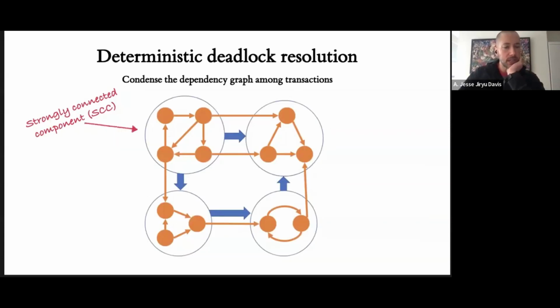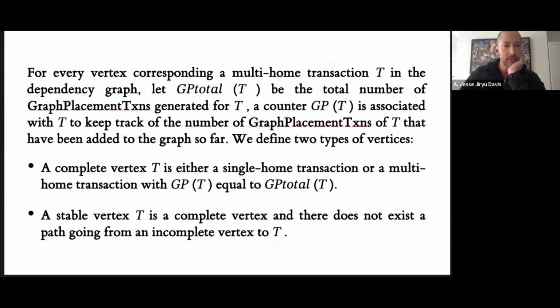So here's the algorithm for figuring out when a transaction is ready to be scheduled. They say that for every vertex corresponding to a multi-home transaction T in the dependency graph, let GP total be the total number of graph placement transactions generated for T. So GP total is basically just the number of regions that the transaction affects, because that's the number of graph placement transactions.